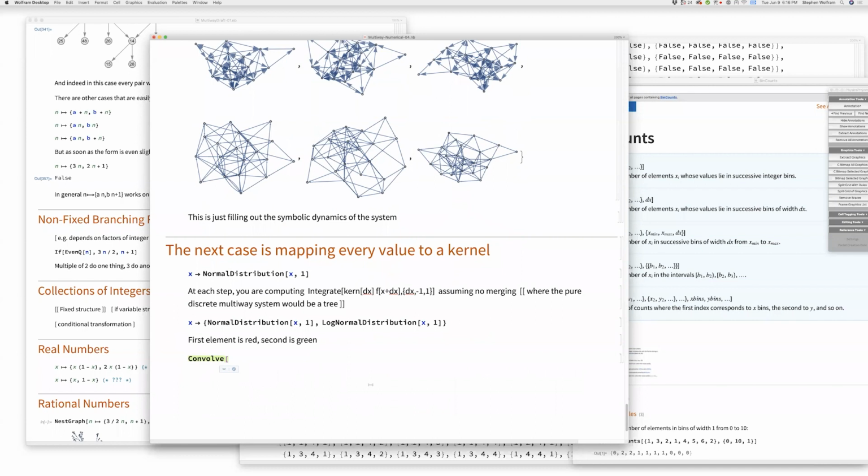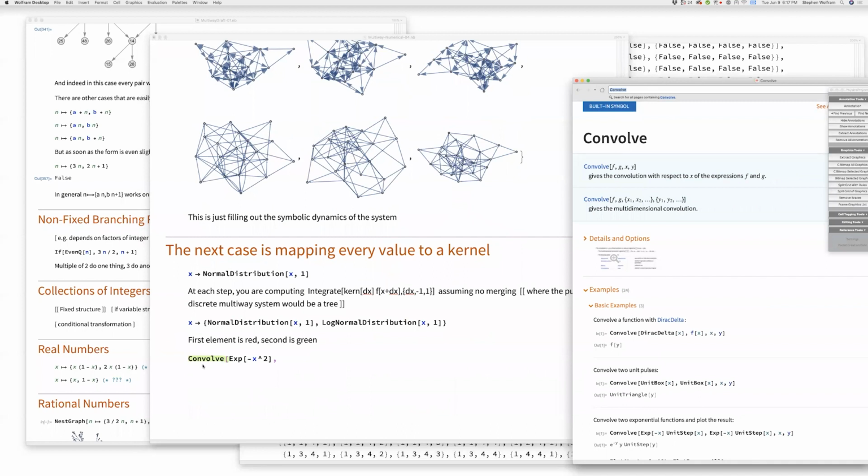So it's a convolution of like a Gaussian, let's say. How does convolve even work?